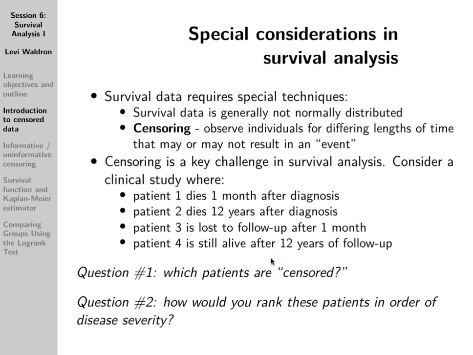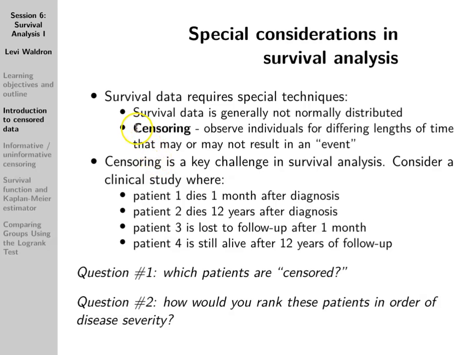These kind of data require some special techniques for a couple of reasons. One is that these times to event are generally not normally distributed. They tend to be more commonly exponentially distributed. That is, you have a lot of events initially and then fewer events over time, typically, but it can take any number of different distributions.